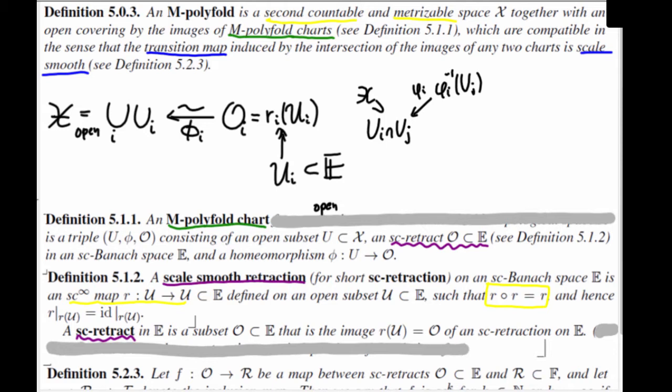And now I don't have enough space, as usual here. So this sits in O_i, open. And it also comes via phi_j from some open subset of O_j.